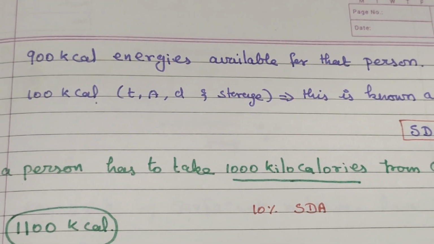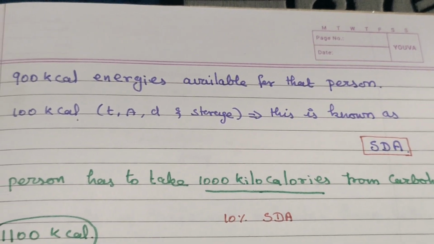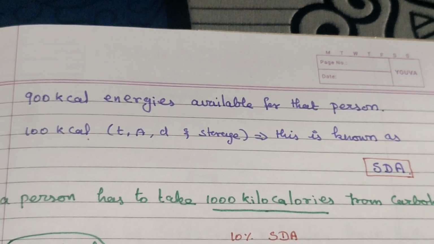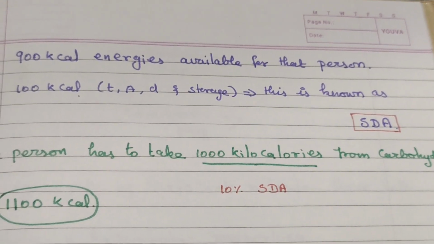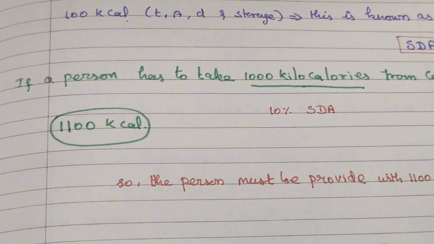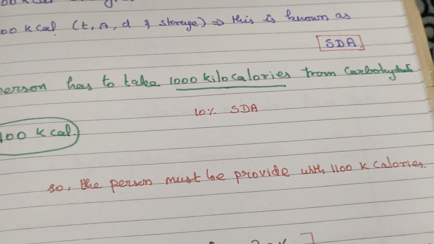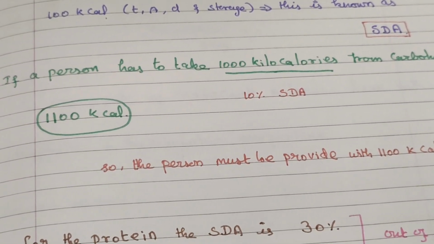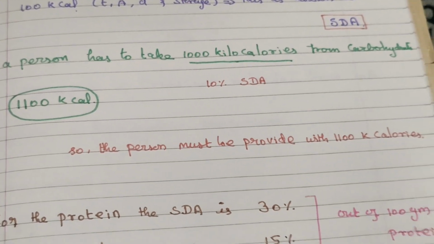So, 900 kilocalories of energy is available for the person, because 100 kilocalories is going for this purpose, and this is known as specific dynamic action. So if a person has to get 1000 kilocalories from carbohydrate, then the person must take 1100 kilocalories.